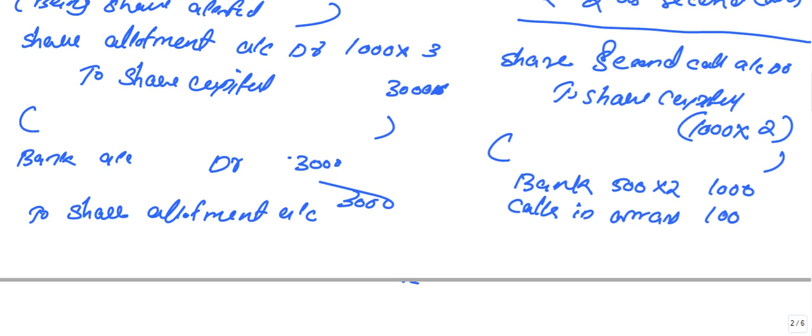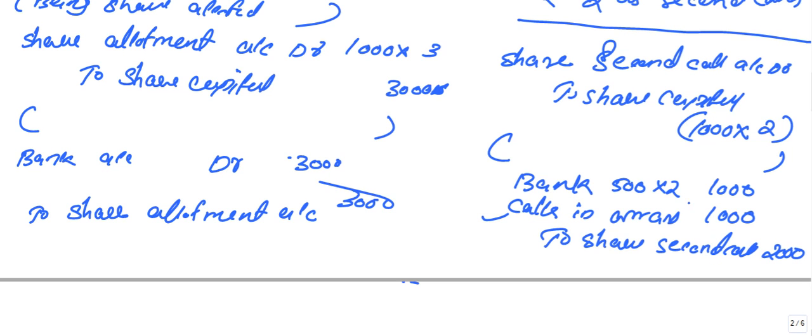How many shares are there? 500 shares into 2, 2000 rupees I am writing here. So the share second call is 2000 rupees, and the question says the person who took 500 shares failed to make the payment. That we write as calls in arrears, 500 into 2, and the balance amount you can write in the bank.